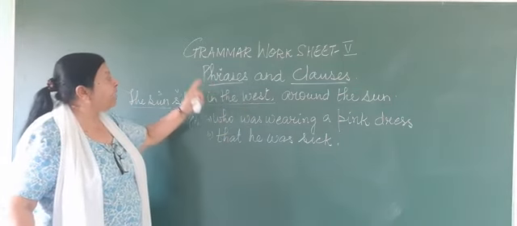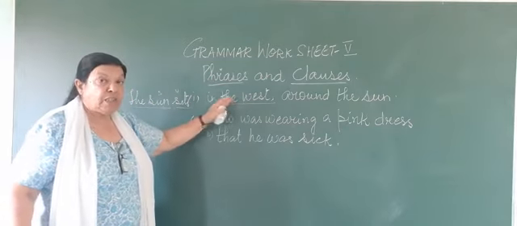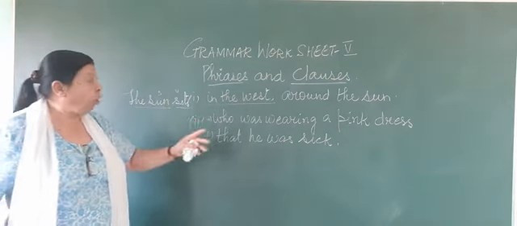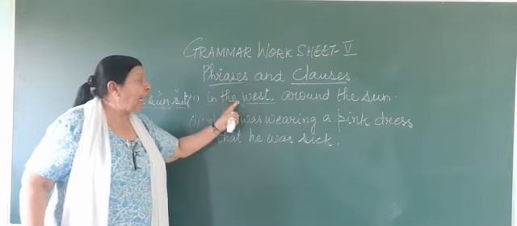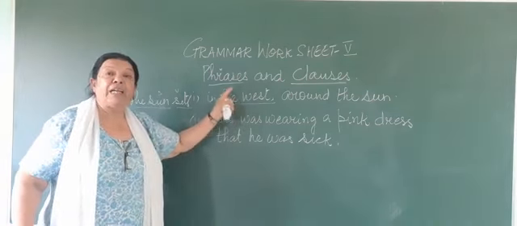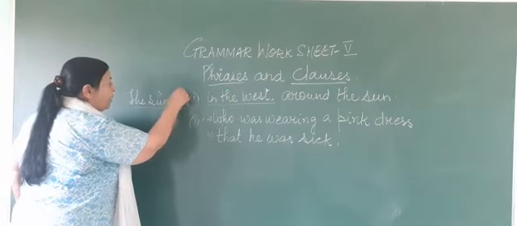Therefore, I can say that a phrase is a group of words which does not give me any sense at all, and you will find that in this group of words, I don't have a finite verb, whereas the verb is in this part of the sentence.